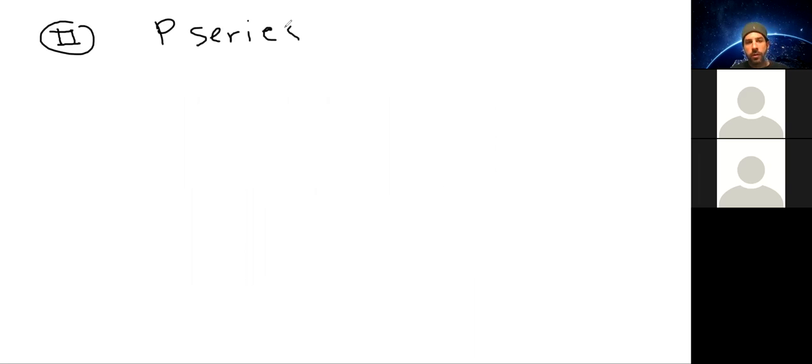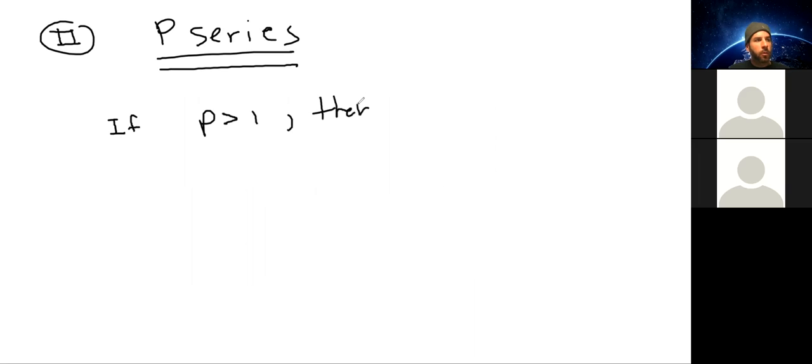So now we're going to give you a specific type of series. If P is greater than 1, then the sum of 1 over k to the power P, k goes from 1 to infinity, converges.